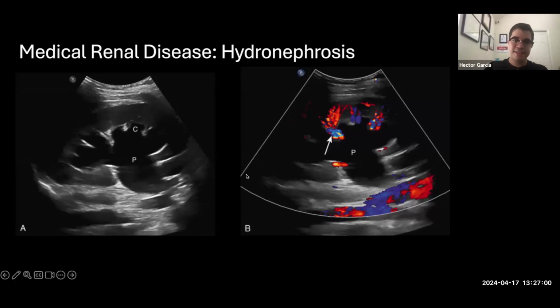Then there is a backup of urine, and the calyces and the renal pelvis get distended by urine, and it looks much wider. In the image on the right, we see the lack of blood flow, and this indicates that it is urine. This anechoic or black area, anechoic fluid, indicates urine.